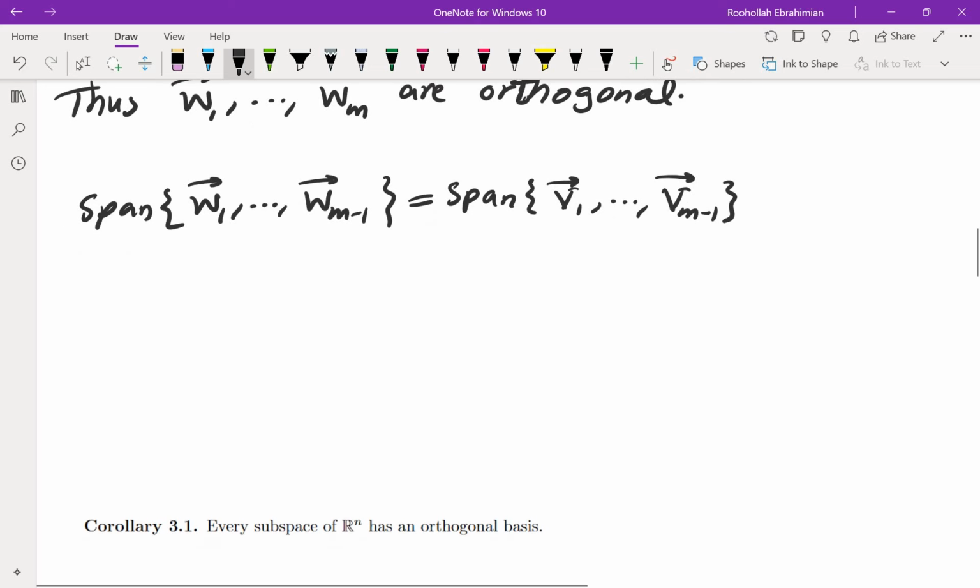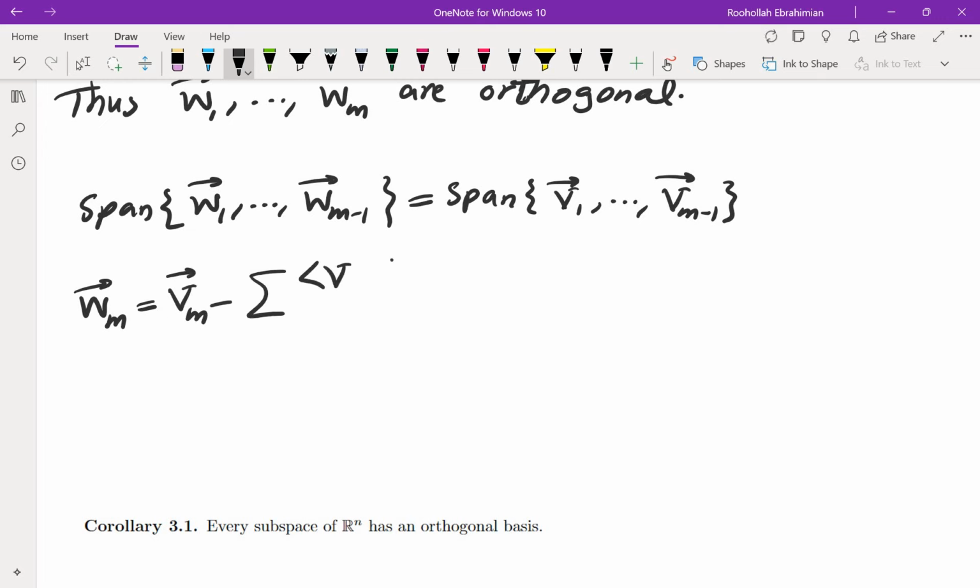Now, if you look at the last one, wm is vm minus a bunch of linear combinations: the sum over j from 1 to m minus 1 of the inner product of vm and wj over the inner product of wj and wj, times wj.